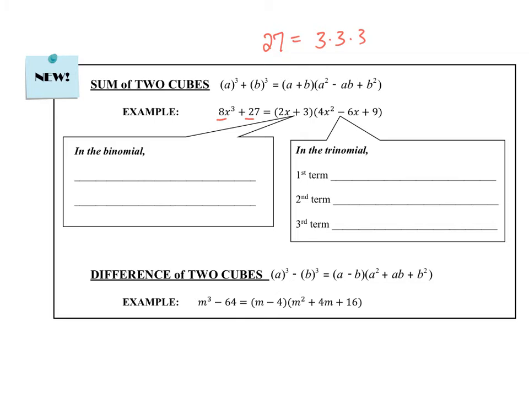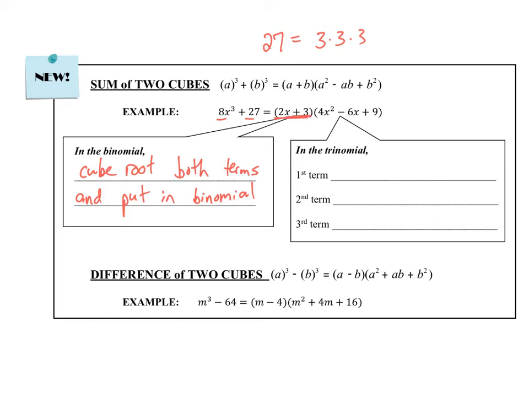So what we're going to do in the binomial is we are going to cube root both terms and put them in the binomial. So the binomial is that first group of parentheses.